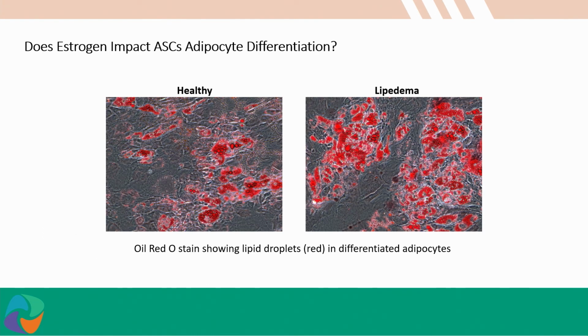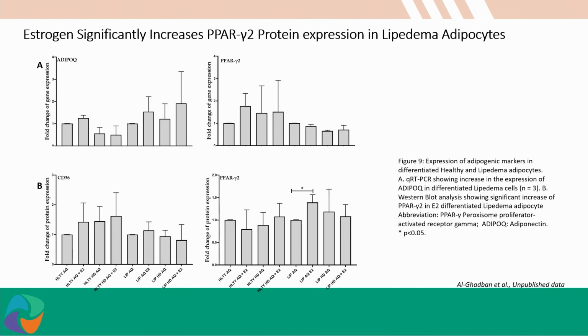And then we wanted to see, is the same thing happening in the fat, in the adipocyte cells? So we treated these fat cells with E2, and we looked at the expression of adipogenic markers and the estrogen receptors, and we have seen that only in lipedema adipocytes do we have an increase in PPAR gamma 2 when treated with E2, and this is basically the main adipogenic marker.